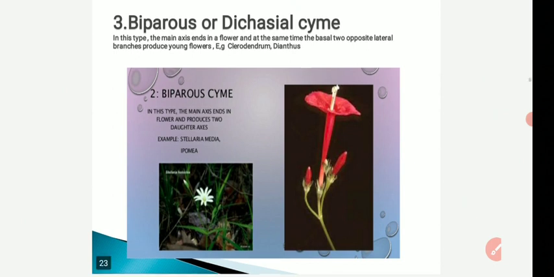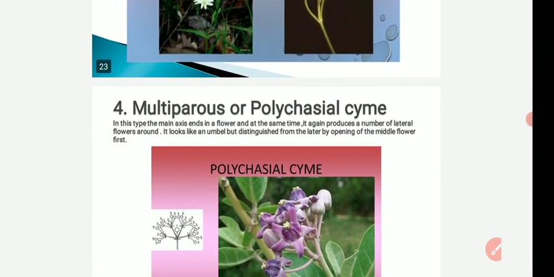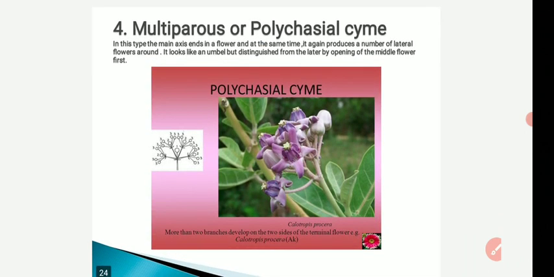Now let's discuss the last, or fourth, type of cyme inflorescence, that is multiparous or polychasial cyme. In this kind of cyme, the main axis ends in a flower and at the same time it again produces a number of lateral flowers around.